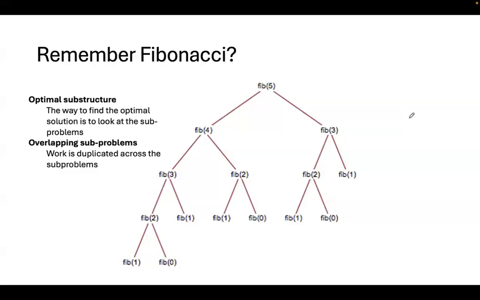And the reason for that was that there's a lot of overlapping subproblems, where if you're calculating fib of 5, you end up having to calculate fib of 3 twice in this recursive tree. And so that's the problem. That's why it gets very slow, because once you ask for bigger and bigger numbers of n, then it just slows way down.